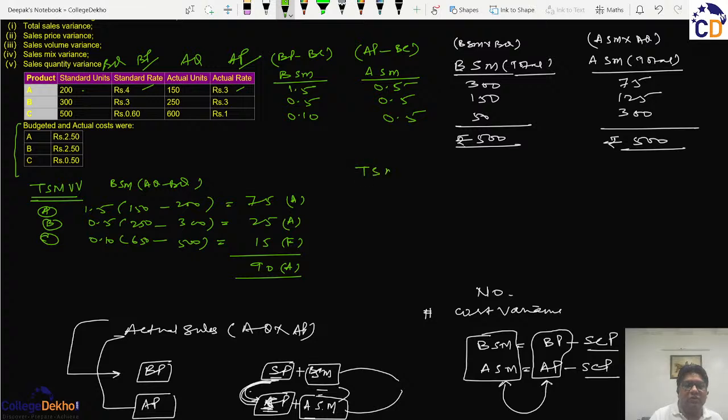Similarly, if I calculate total sales margin price variance, this shall be equal to actual sales margin minus budgeted sales margin multiplied by the actual quantity. So for A, for B, and for C, the actual quantity was 150, 250, and 600.